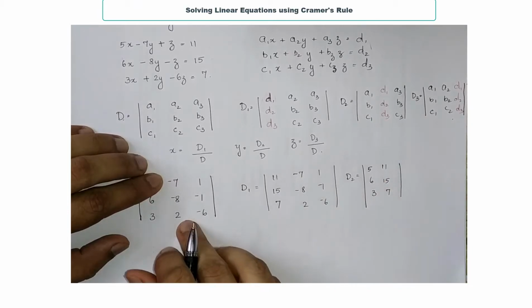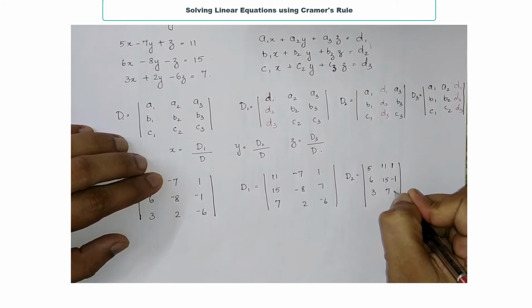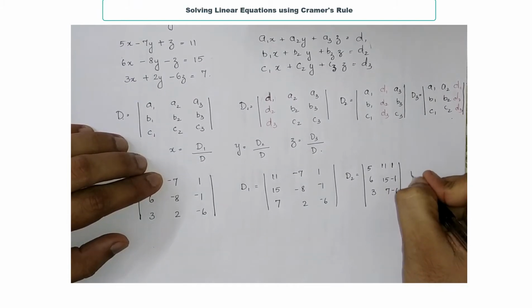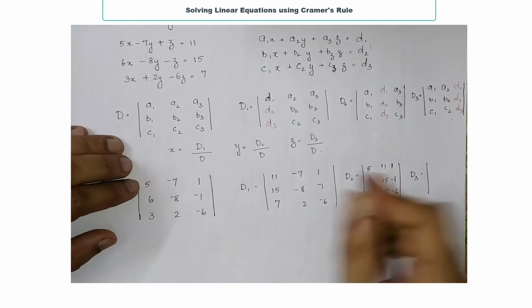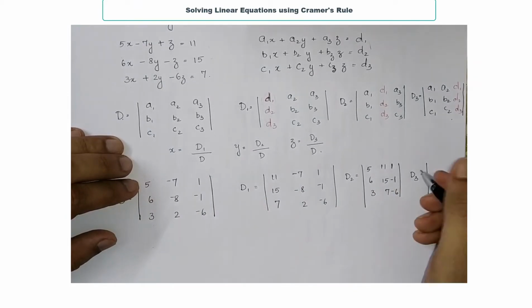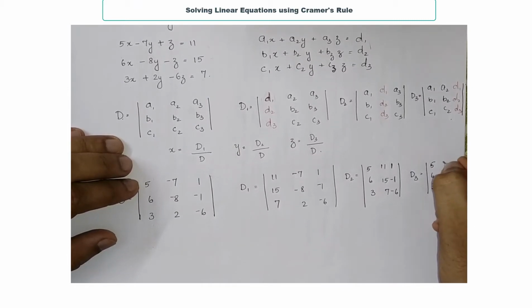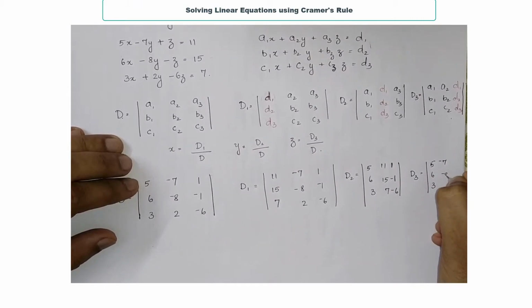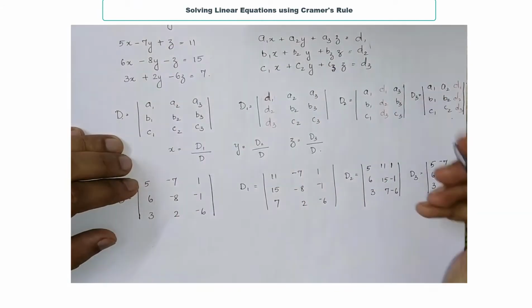And the third column will be the same: 1, minus 1, minus 6. Now what is D3? D3 is the determinant where the first and second columns remain the same: 5, 6, 3, minus 7, minus 8, 2. The third column gets replaced by 11, 15, 7.